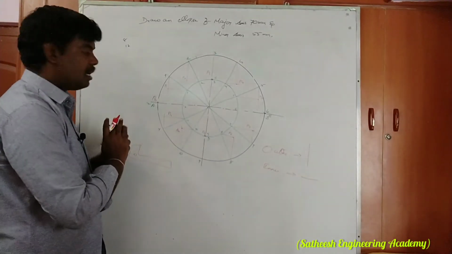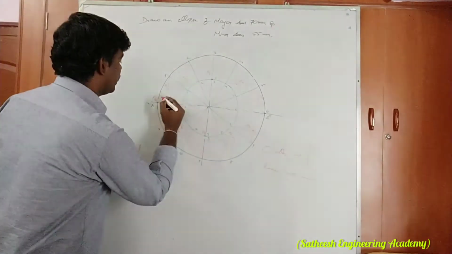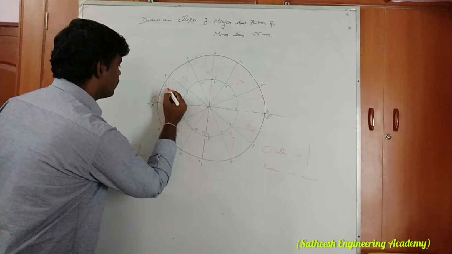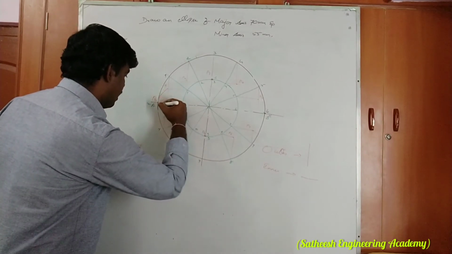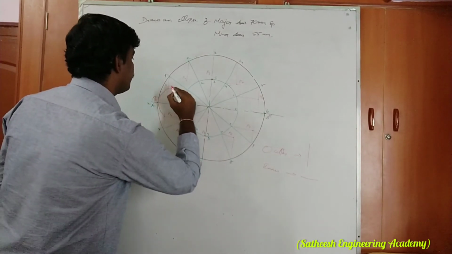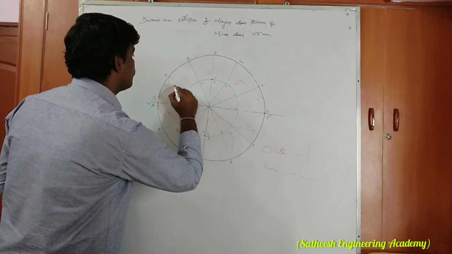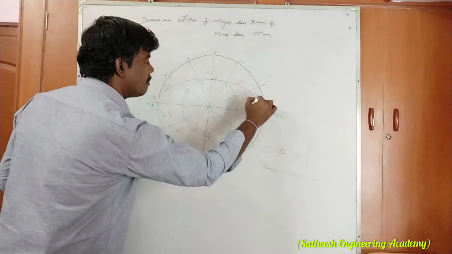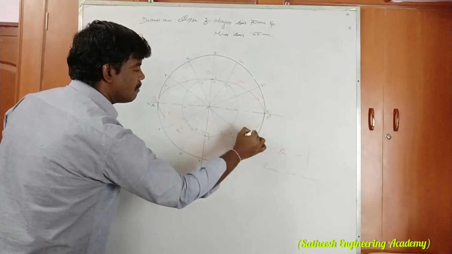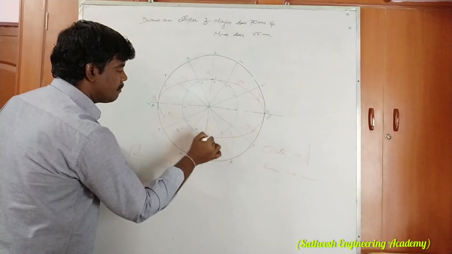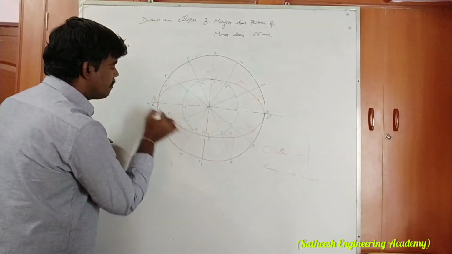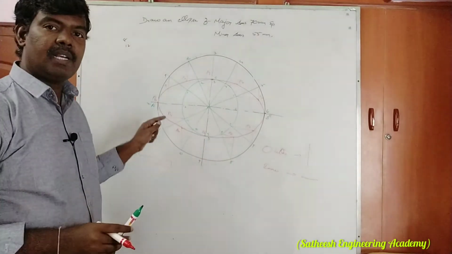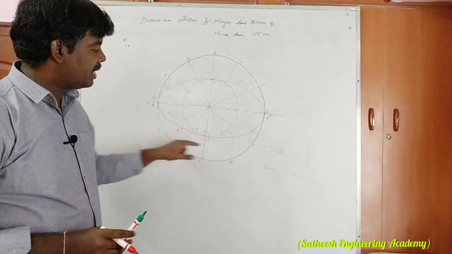Therefore, you draw a smooth curve joining all. Like this. So you join P1, 2, 3, 4, 5, 6.